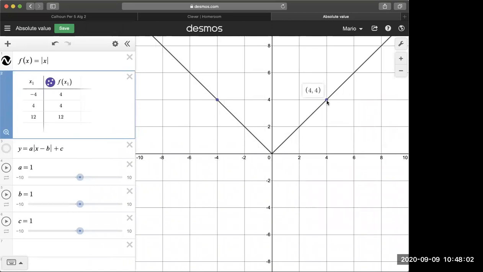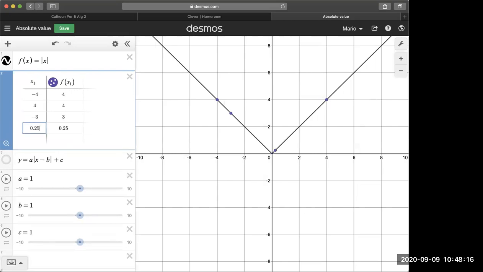It's also still 4 spaces. No matter what number I take, if I take -3, it's 3 spaces from zero. If I took a positive 0.25, it's just 0.25 spaces from zero. So absolute value is always distance from zero.